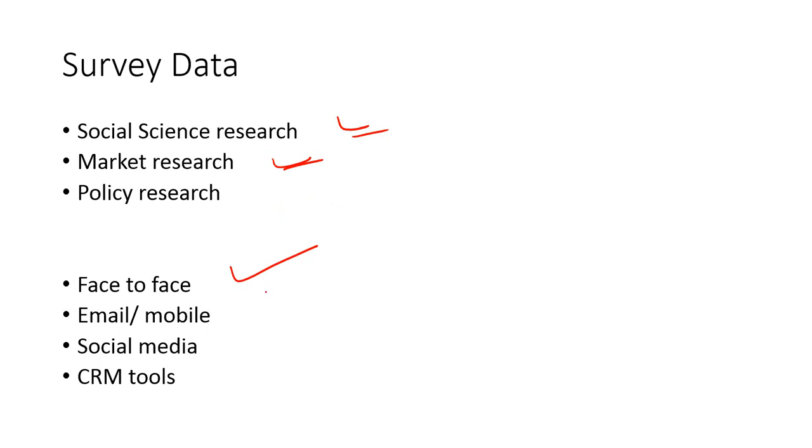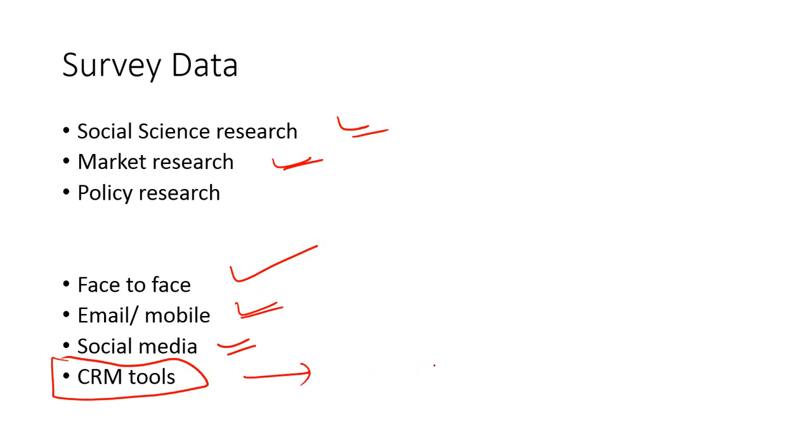Still people do it, but because of the availability of modern technology, this has changed. We can do it now with email, with mobile, with different forms of social media. You can also do it with specialized software like CRM software, or software like Survey Monkey.